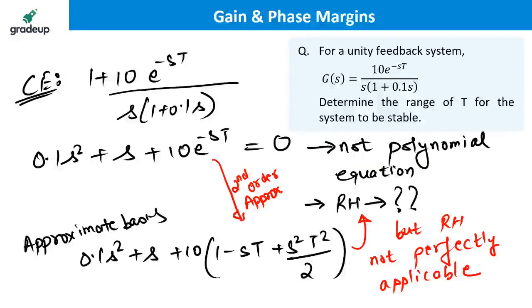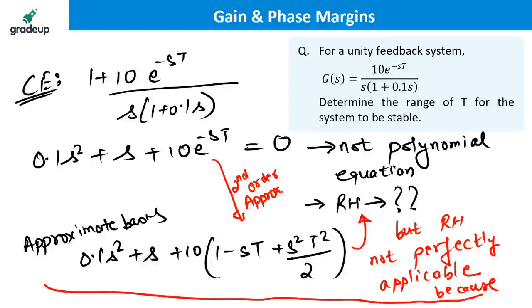Why? Because of this second order approximation. And obviously e power minus st by Taylor's has infinite terms, and you cannot solve by infinite terms.